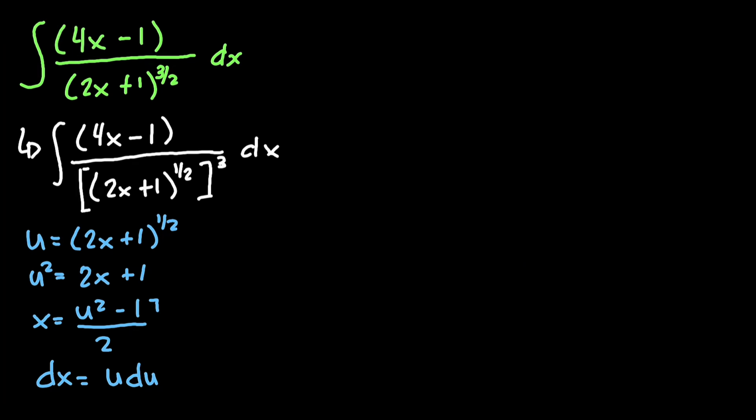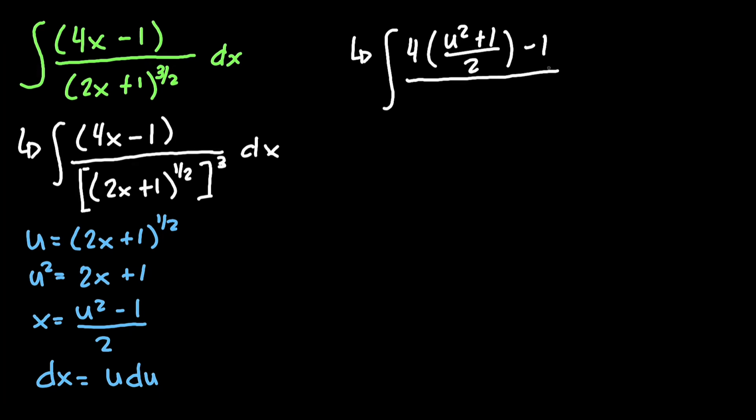And now let us start substituting it. So it would become the integral of 4 times the value of x, which is u squared plus 1 over 2, minus 1, over the value of this, which is equal to u.